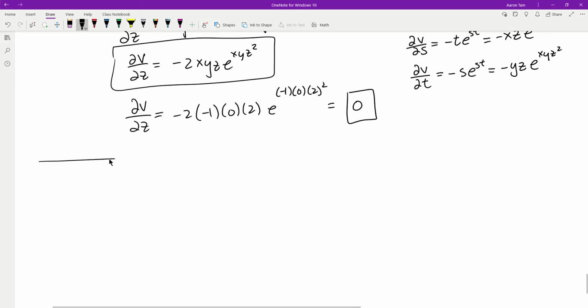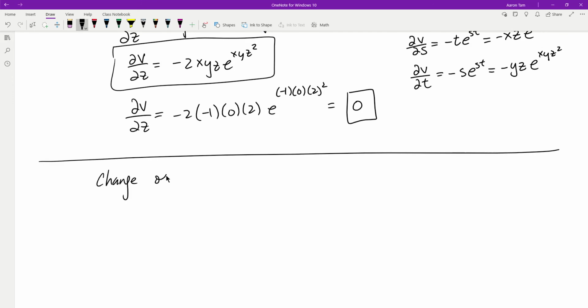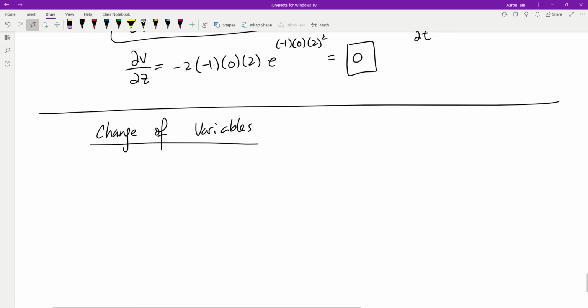The last thing I want to show you is something called change of variables. We'll actually talk more about this in chapter 7.4, so this is a little introduction to the concept.